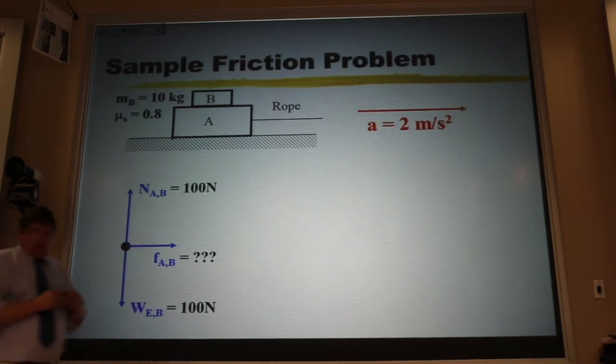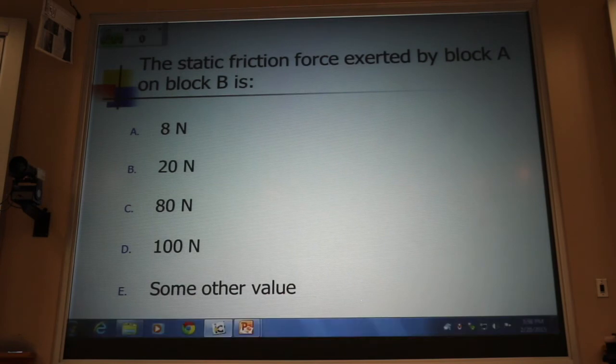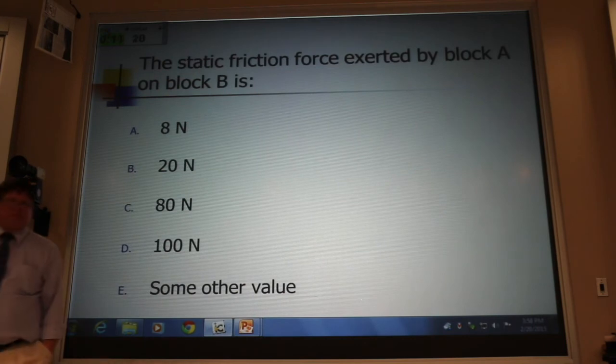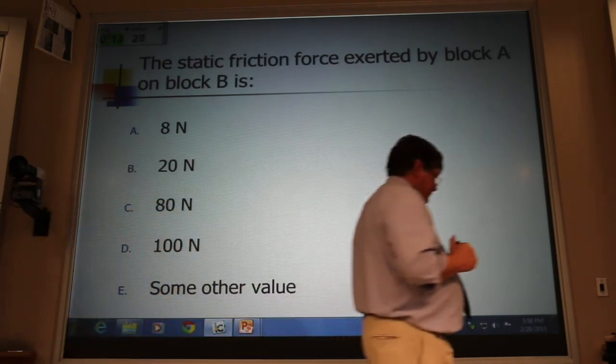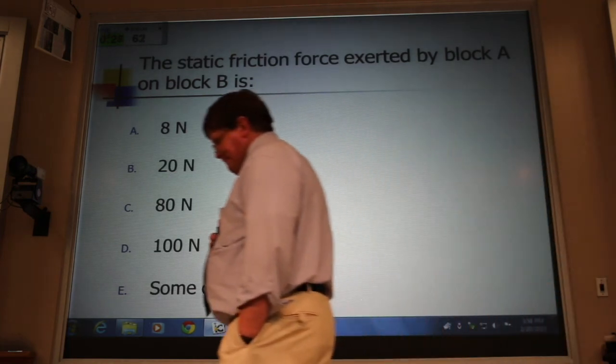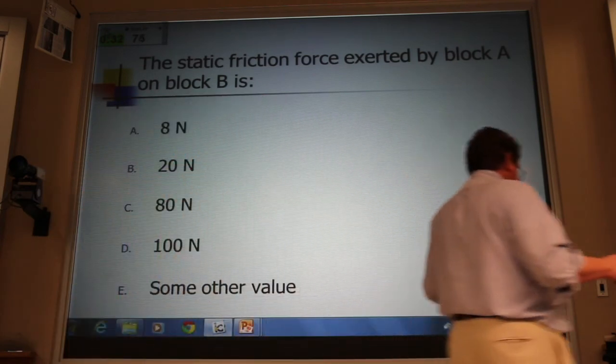Now folks, with your clicker, tell me how big that friction force will be. Okay, get your attendance points.